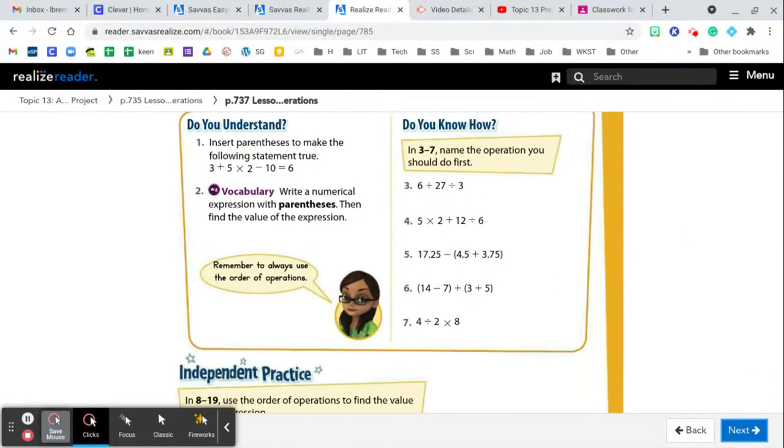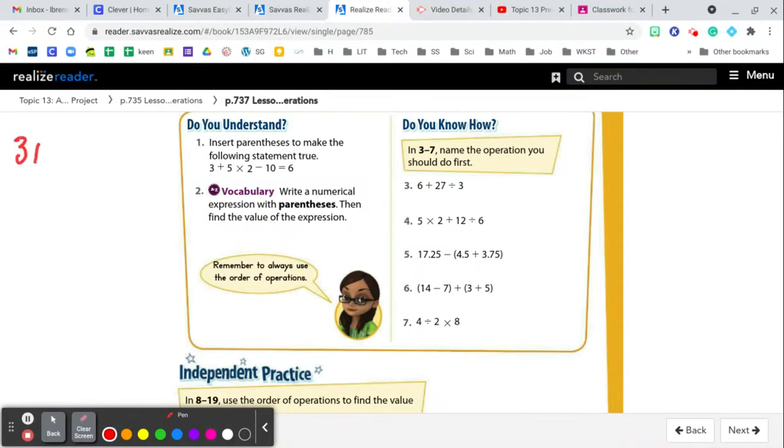Insert parentheses to make the following statement true. Now, these can get kind of tricky, and you have to keep playing around with them to figure out how you could make the answer true. So how can we get 6 using 3 plus 5 times 2 minus 10 equals 6? Now, if we follow the order of operations, what we would do first is 5 times 2 is 10.